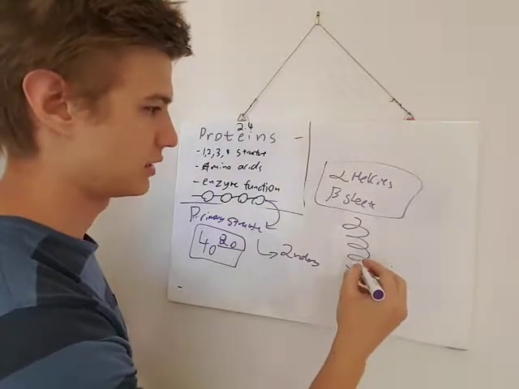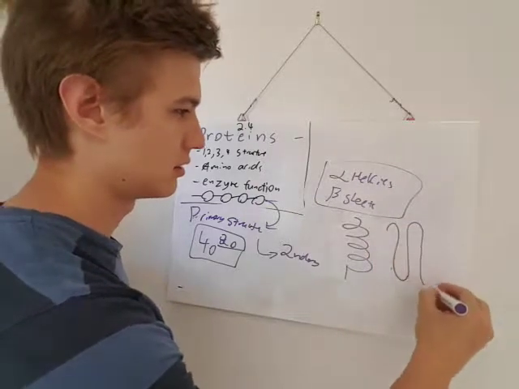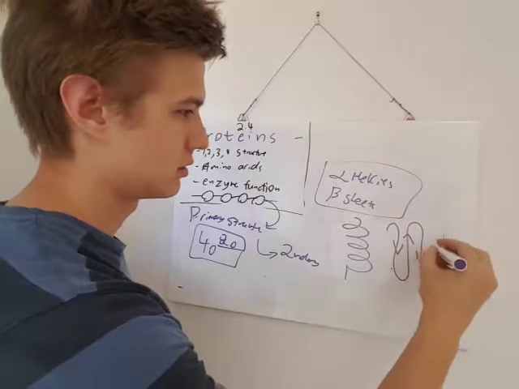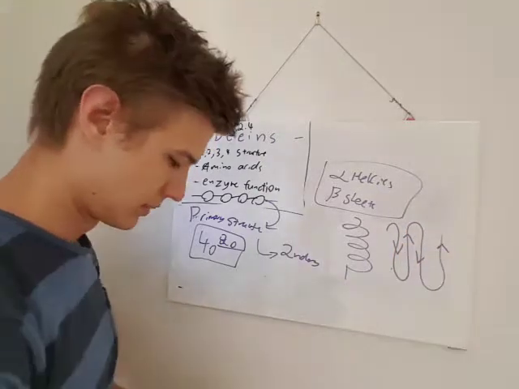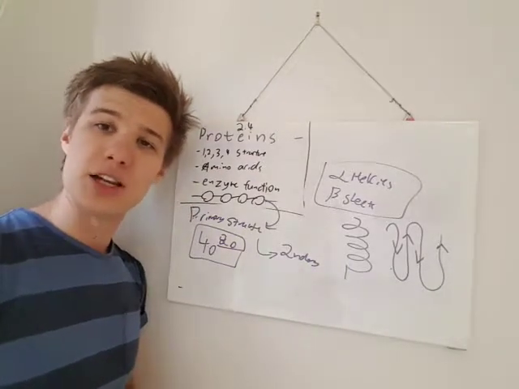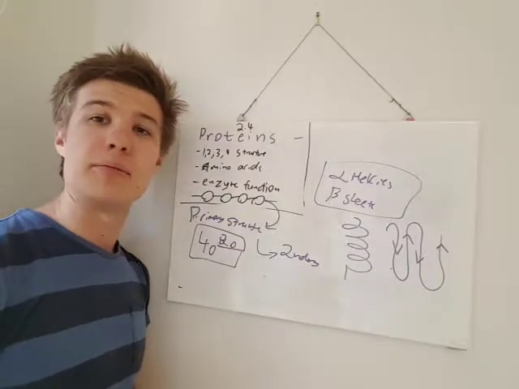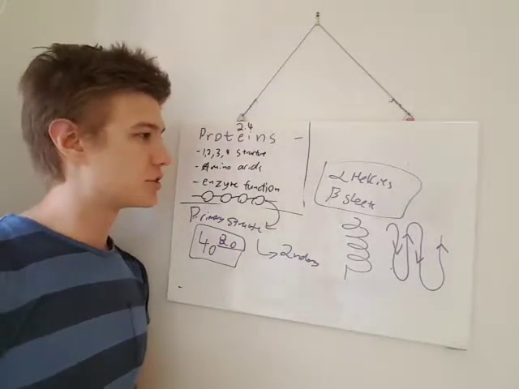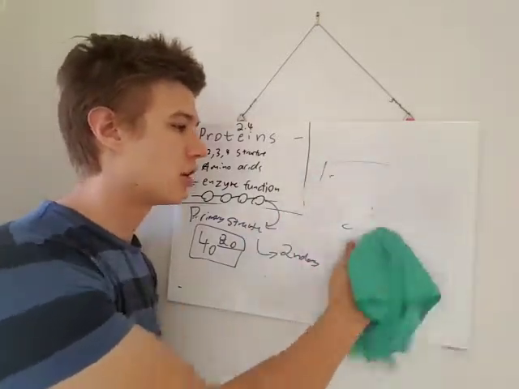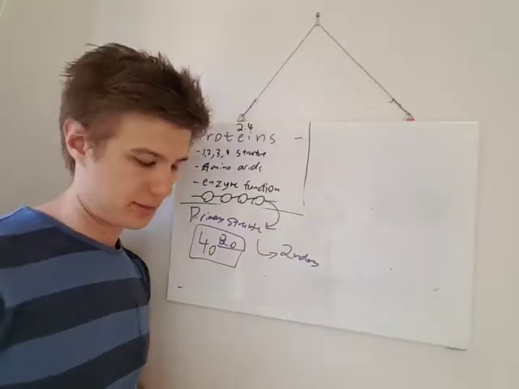That's a really terrible helix, but they're helices, and they are sheets. And the way in which we organize our amino acids and their side chains confers the structure of these alpha helices and beta sheets. Now, the tertiary structure is the combination of these alpha helices and beta sheets.